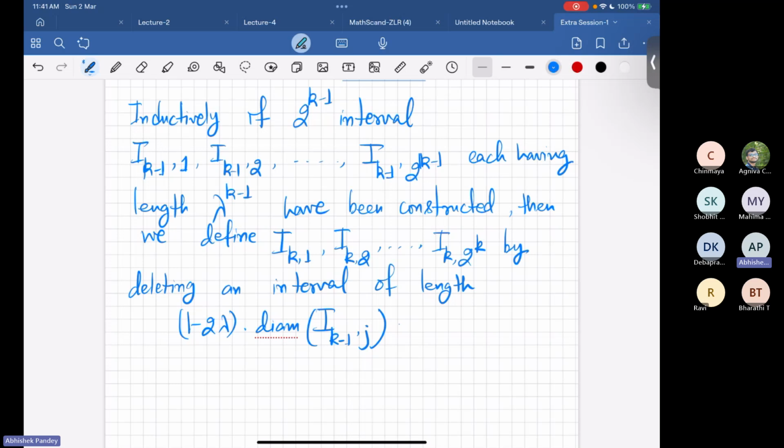Okay, so this is nothing but 1 minus 2 into lambda to the power k minus 1, because the length of these intervals are nothing but lambda to the power k minus 1.